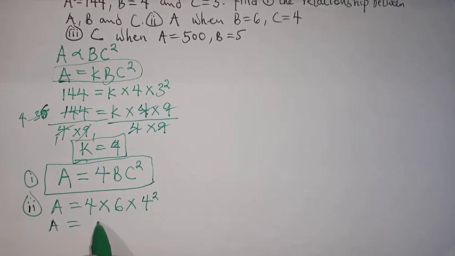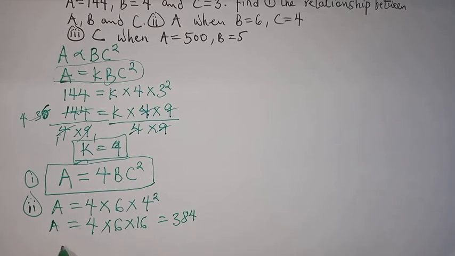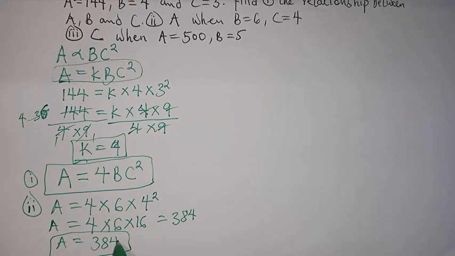This is going to simply give me 4 times 6 times 16. What that simply gives us is 384. So A is simply 384. So that is the value.